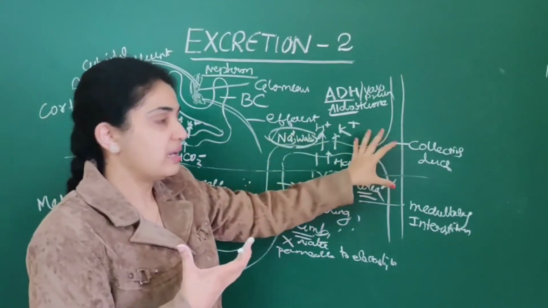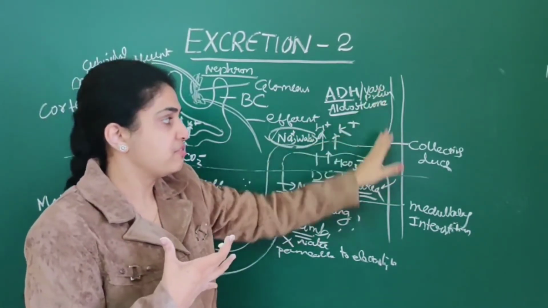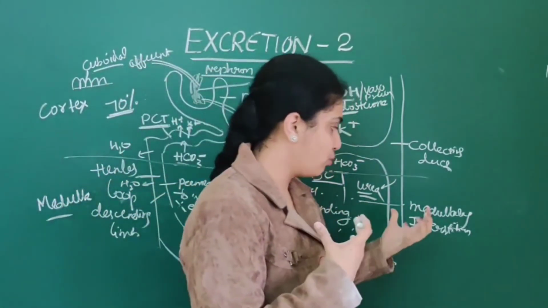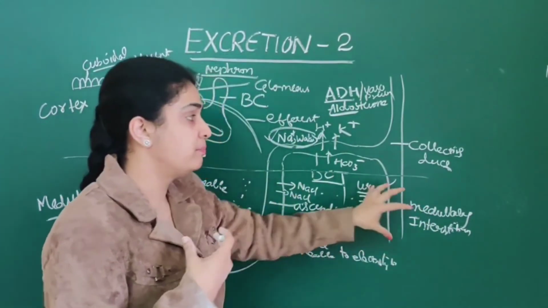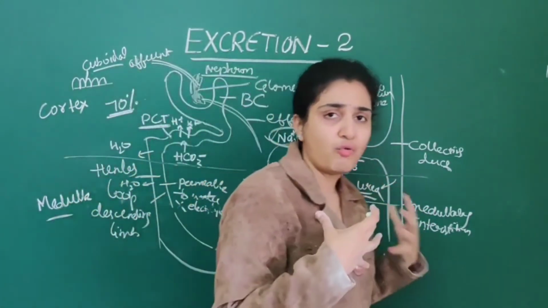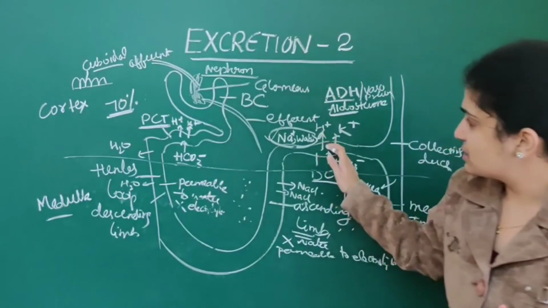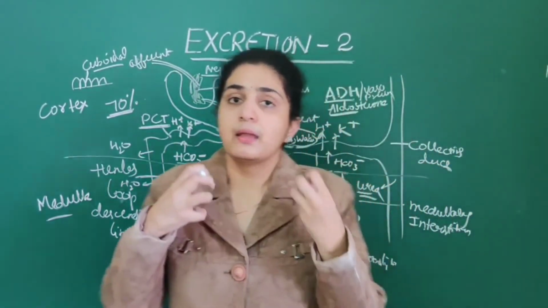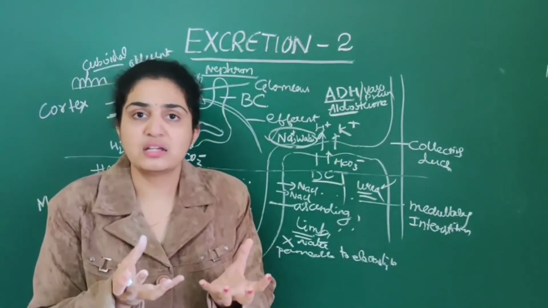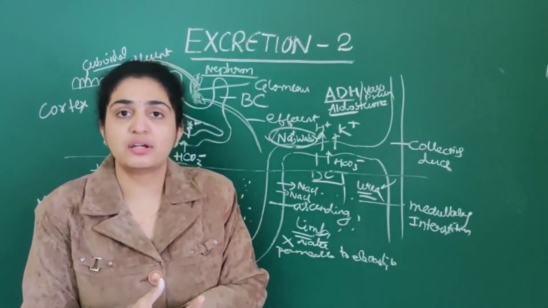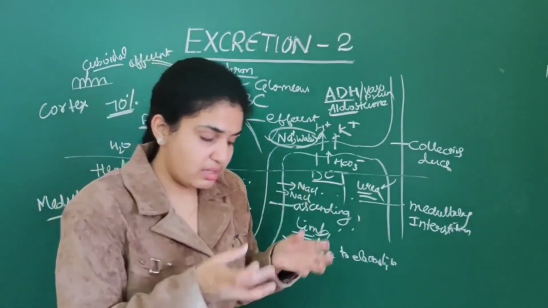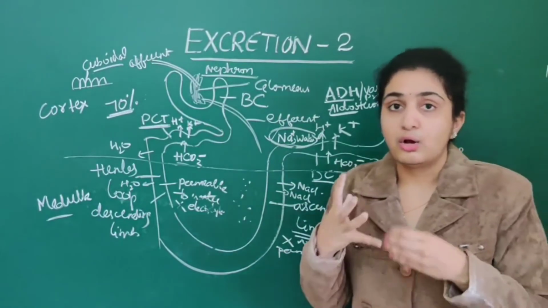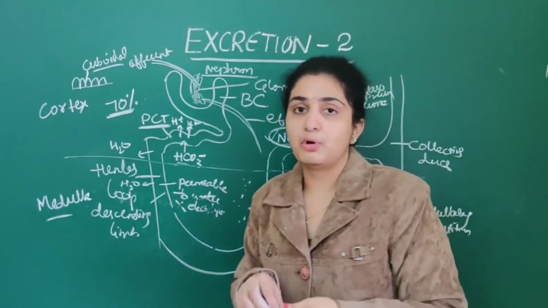Then we have discussed DCT. Finally, the collecting duct. In the collecting duct, the maximum amount of urea is reabsorbed, because so much water is preserved in the DCT as well as the collecting duct. These both help in producing concentrated urine. Why do you require concentrated urine? Because when you drink very little water, concentrated urine should be produced.